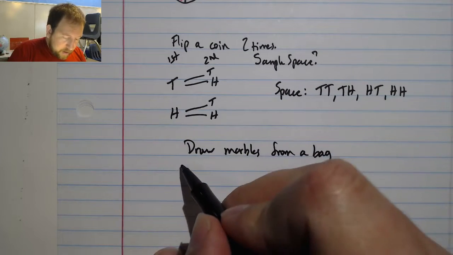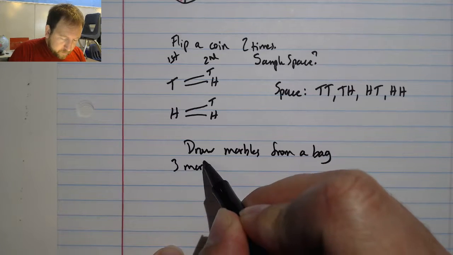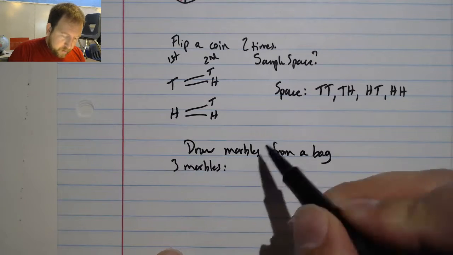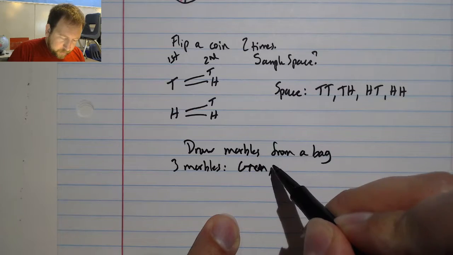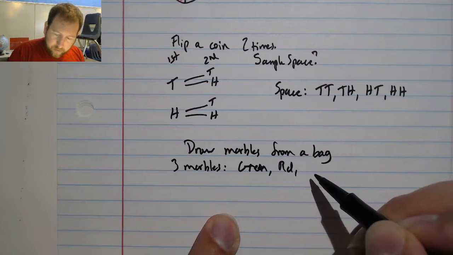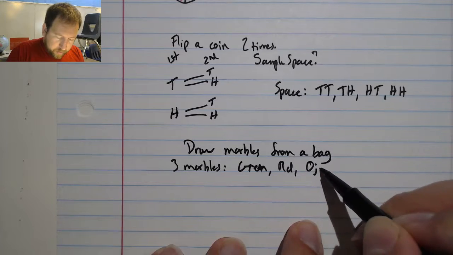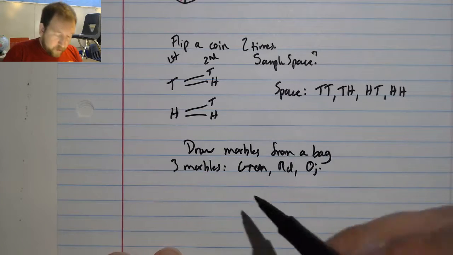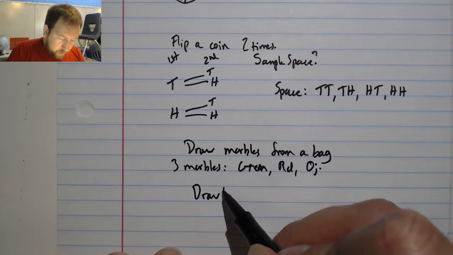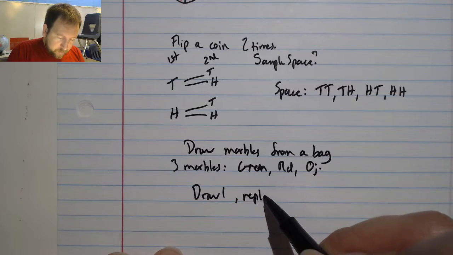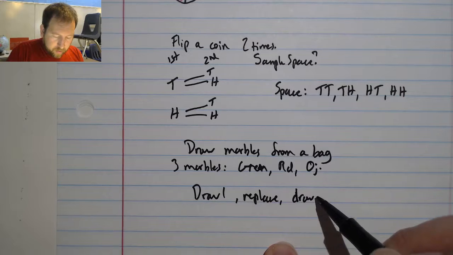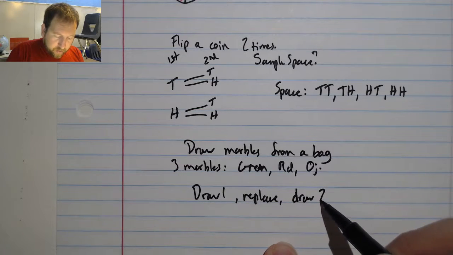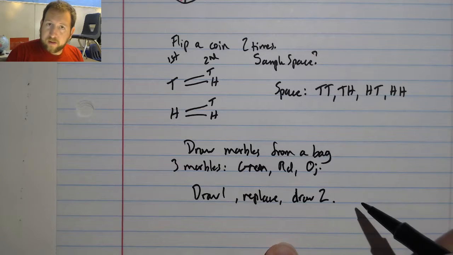So say I have 3 marbles: a green, red, and orange. If I draw one, replace, then draw 2, what is the total sample space?